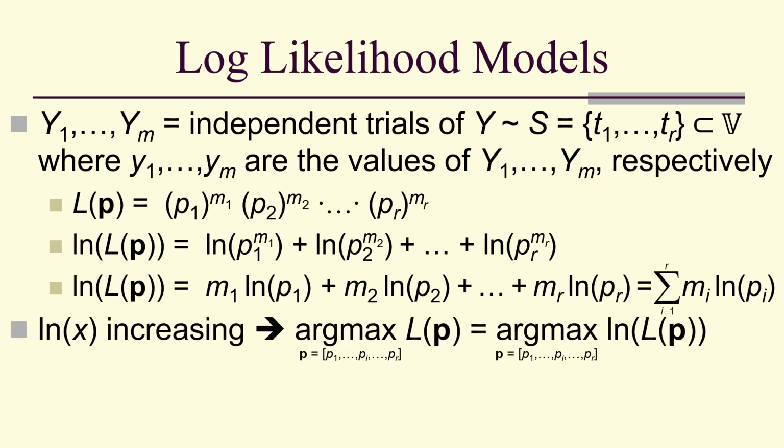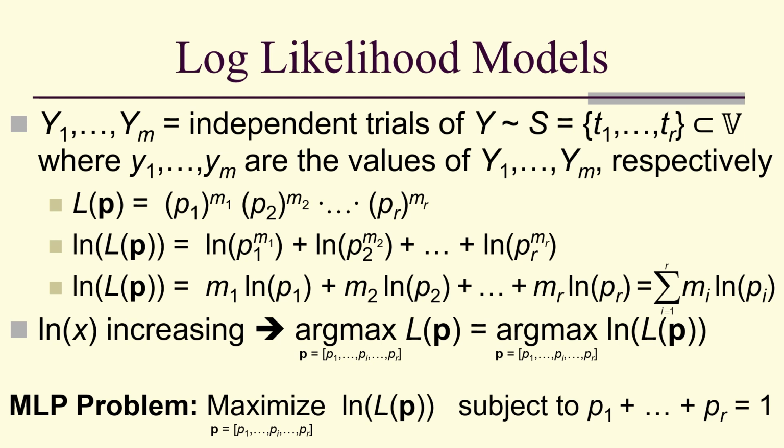Now the natural log is increasing, so the argmax of the likelihood function is the same as the argmax of the log of the likelihood function. So our maximum likelihood principle problem is to maximize the log likelihood subject to the probabilities summing to 1. In other words, the sum i equals 1 to R, M sub i log P sub i, subject to the sum of the P's minus 1 being 0.